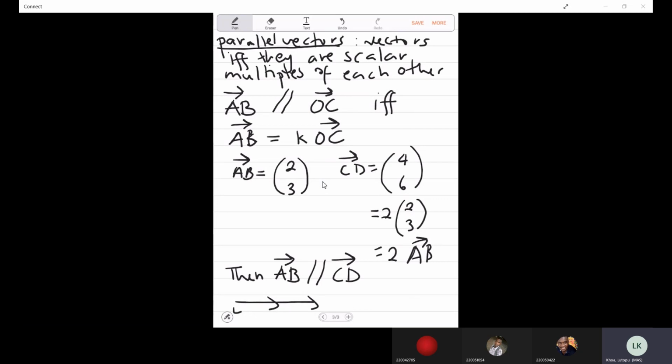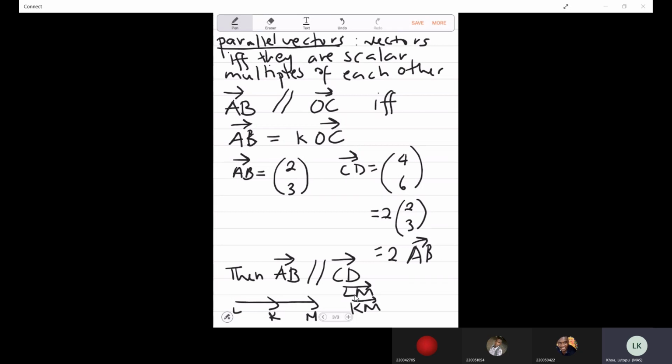This is L, K, let's say M. I have two vectors here, let's say LM, and then I have another vector, KM. Okay, so you see that these two vectors have a point in common. They have M that is in common. Now we can check if they are collinear by checking whether they are parallel.